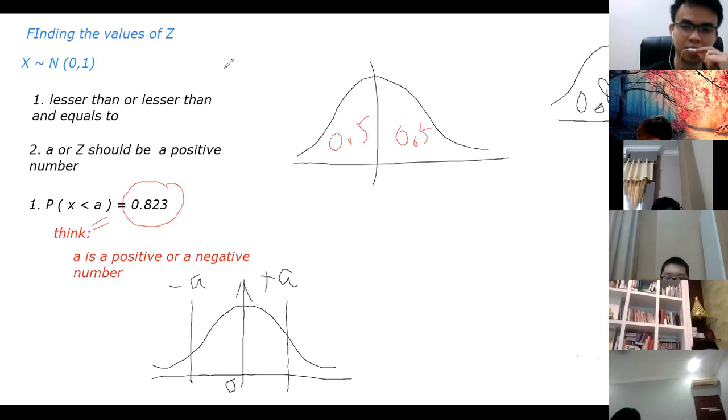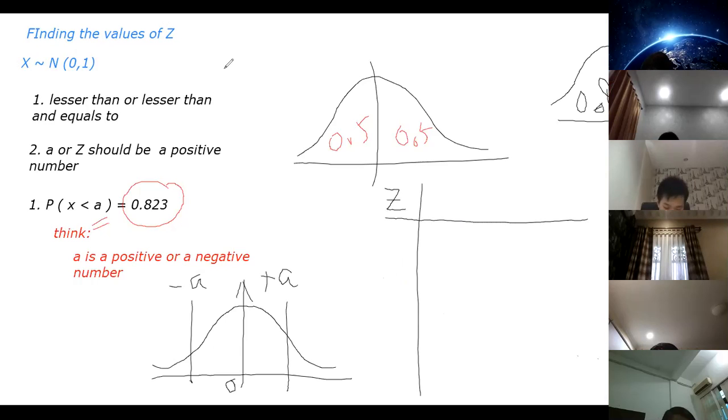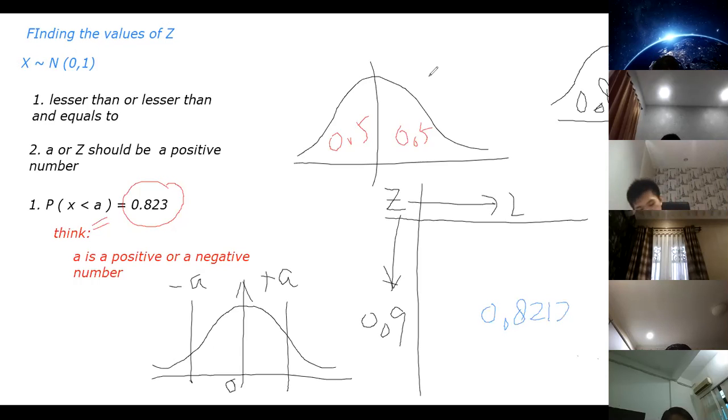Okay, the next step is we have to go to the table, and do not get it wrong. We are being asked to calculate z. Given that the probability is 0.823, we have to look at the table and find the closest reading to 0.823. I can see at 0.9 and 2, here is written 0.8212.